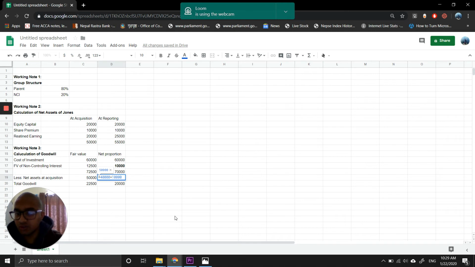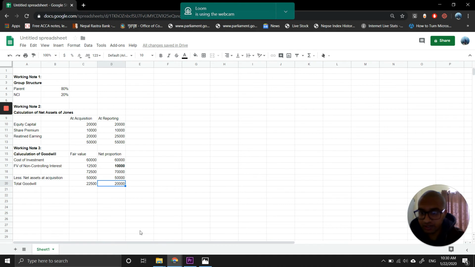You will only have the goodwill of the parent. That's how it is basically done. So let's not complicate it, but this is how you actually do the net proportion method.